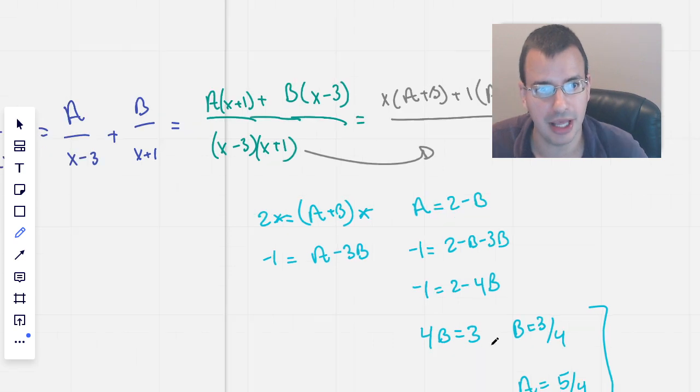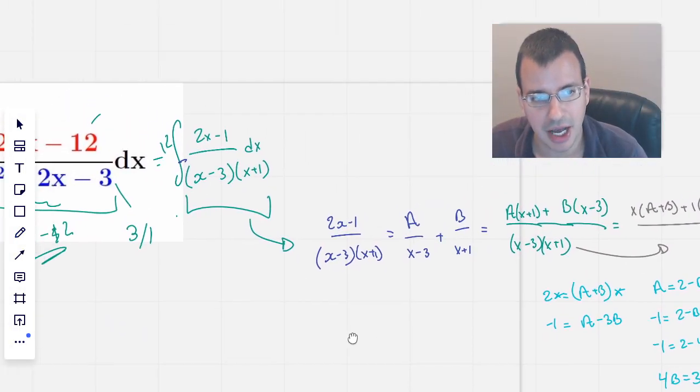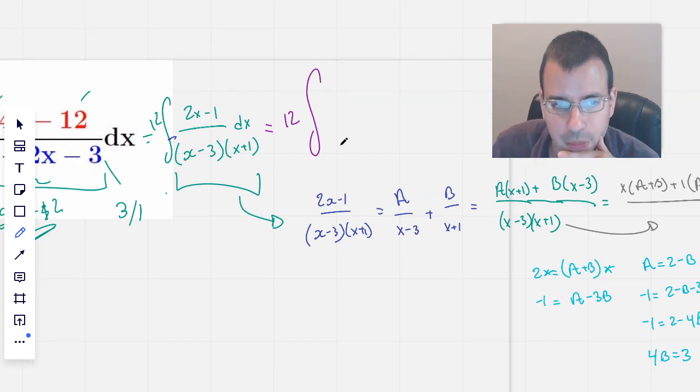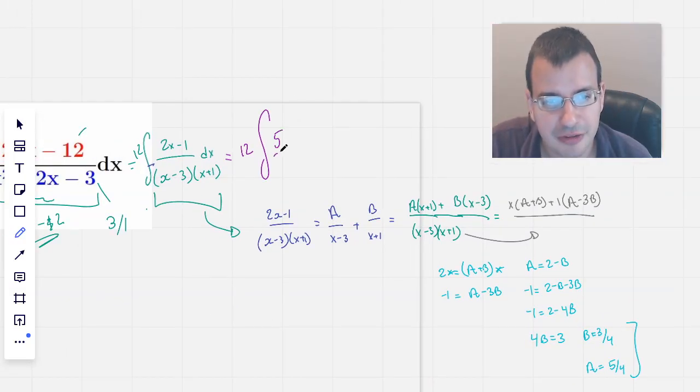All right, so now we know our A and B, and we can plug them back in. So this will be 12, don't forget the 12, times the integral, and we're going to write it in this form: A is 5/4, so we have 5/4 times 1 over (x minus 3).